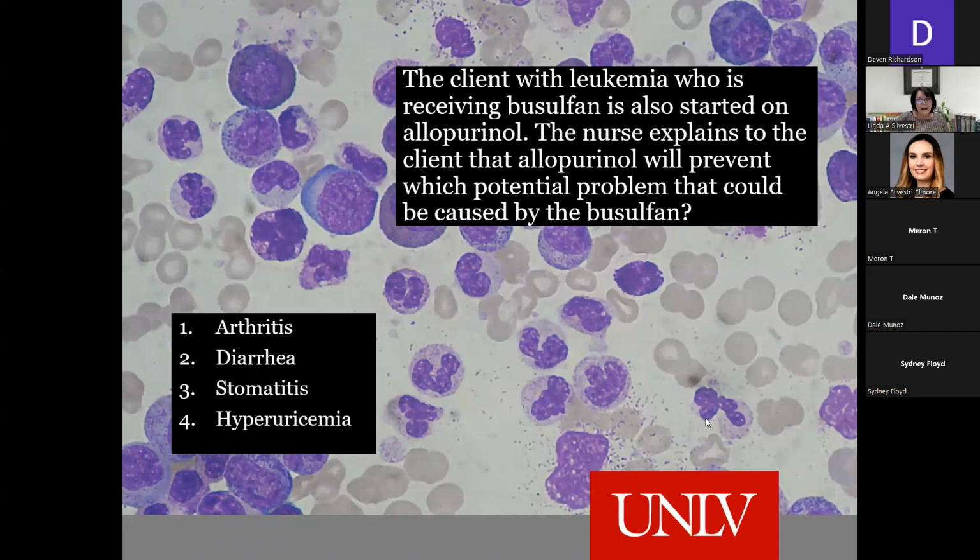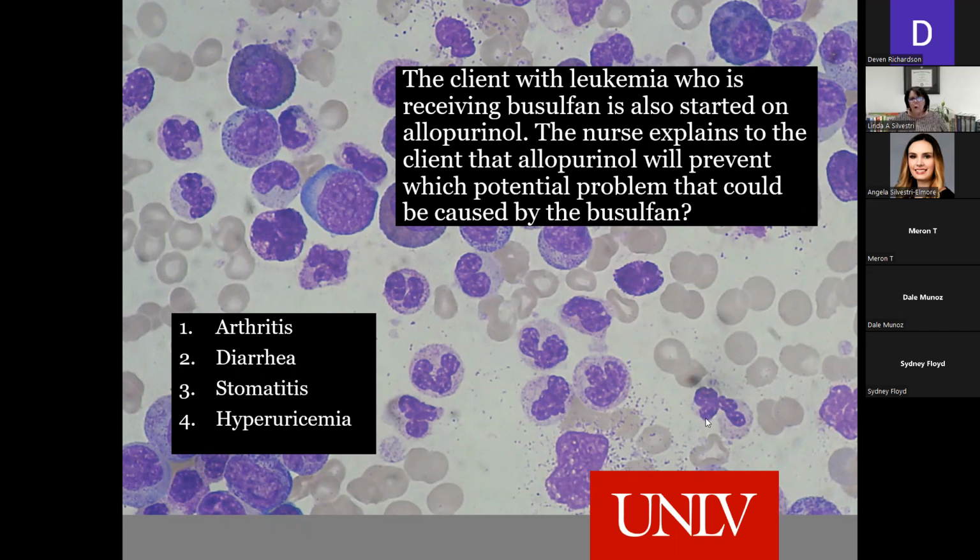Okay, so this is excellent. 73% of you selected option 4, which is the correct answer. Some of you selected some of the other options too, but let me just tell you that busulfan is usually used to treat leukemia, and it also is used to prepare the body for a stem cell transplant.